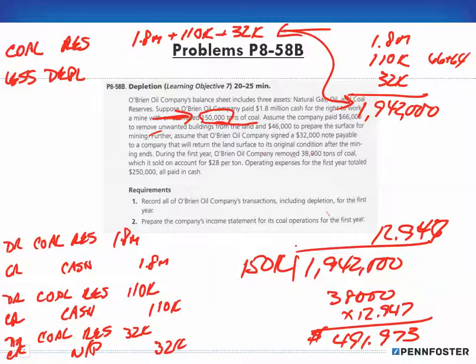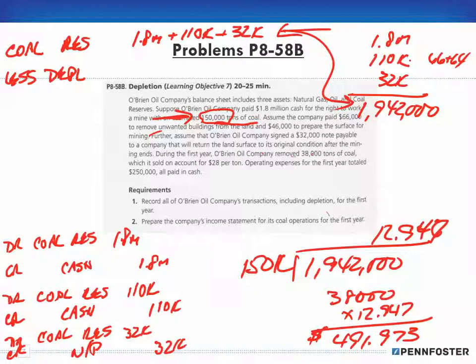Okay, so they did rounding it even more. 38 times 12.95. Interesting. All right, let me go back and do the math again.